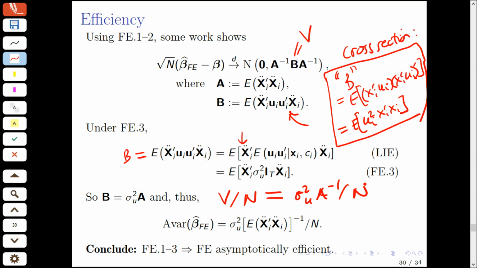And in the displayed equation, I just substituted for A. Now, since we have this structure of the asymptotic variance, following the argument for the cross-sectional model, one may show that the fixed effect estimator is asymptotically efficient under these 3 assumptions.